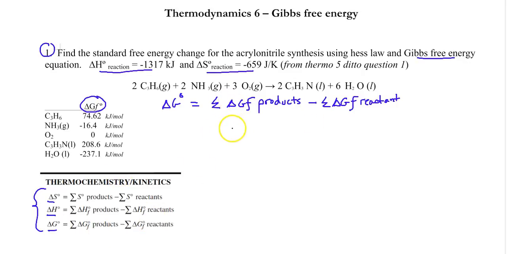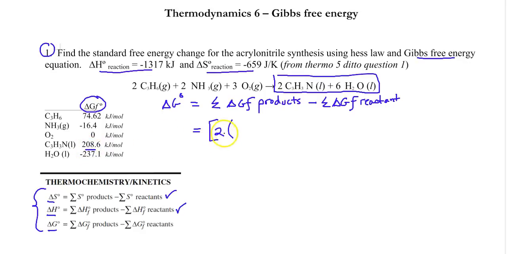So to do this, very simply, like we have done for enthalpy and absolute entropies, we do the same thing. Look at your products first. So I've got two of these, so it's going to equal 2 times C3H3N, which is right here.